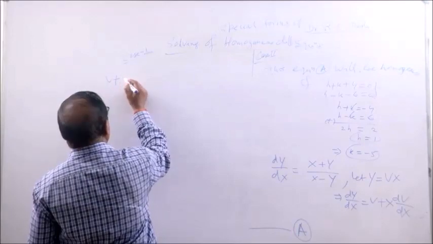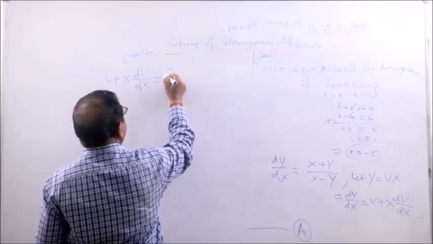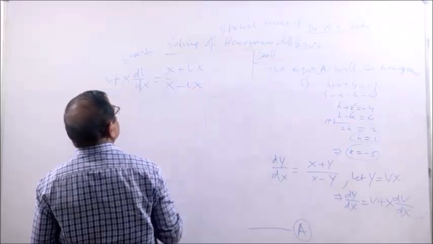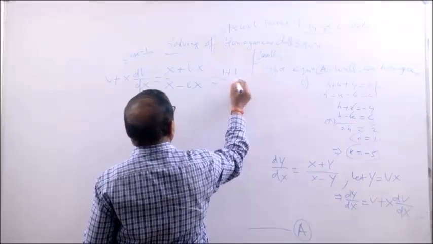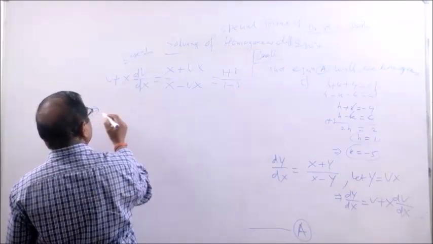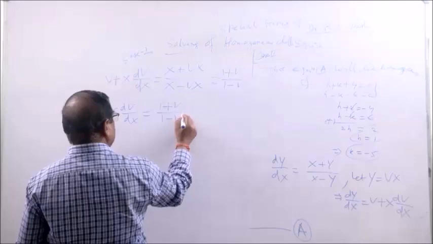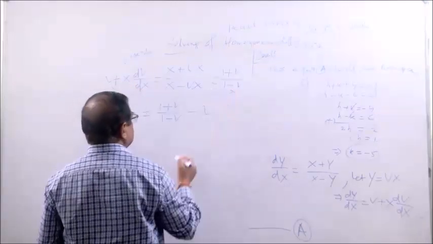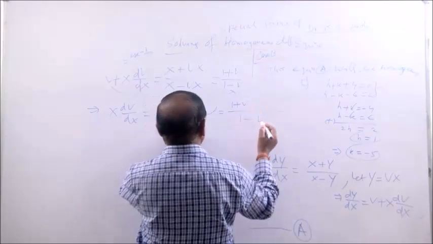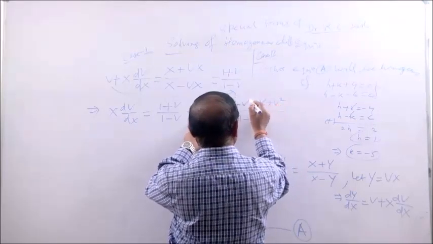Now, you replace this: v plus X dv by dX is equal to (X plus vX) by (X minus vX), which, cancelling X from numerator and denominator, gives (1 plus v) by (1 minus v). So, that implies X dv by dX is equal to (1 plus v) by (1 minus v) minus v, taking this v to this side. So, LCM is 1 minus v; 1 plus v minus v plus v square.